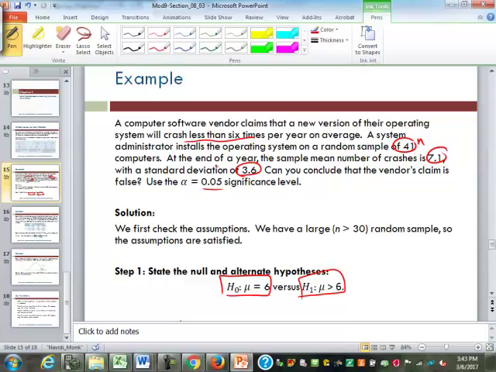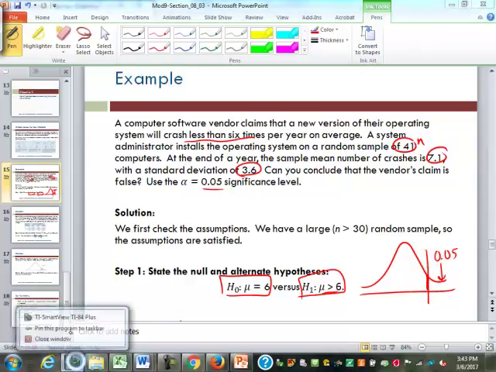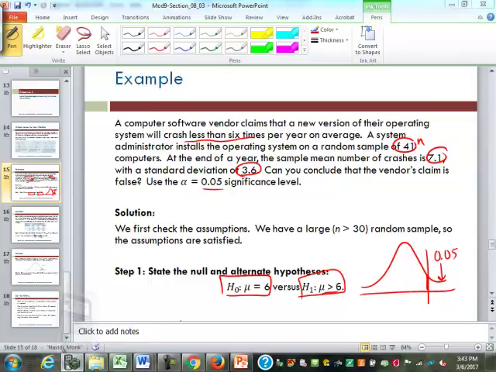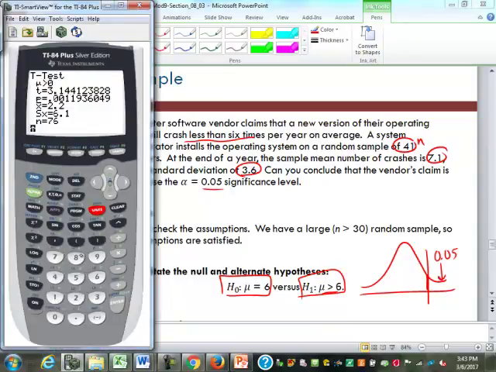Now if I wanted to find the critical value, this is a one-tailed test because this is greater than. We're finding this alpha of 0.05. What is the critical value that cuts this off at 0.05? On the calculator, we go to distributions and inverse t.